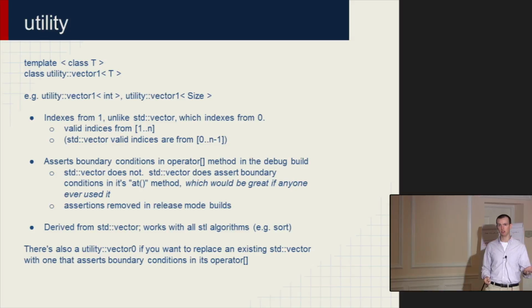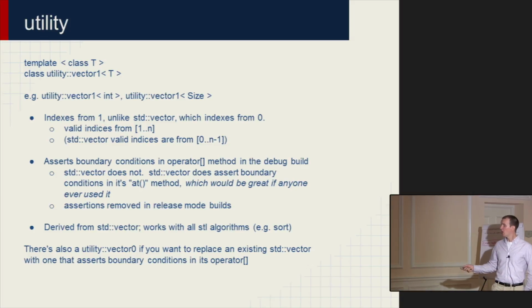If you give it 0, it'll throw an assertion error and say that this is out of the range of allowed values. If you give it n plus 1, it'll do the same thing. Or if you give it positive infinity or some very large number, it will catch it and stop you.